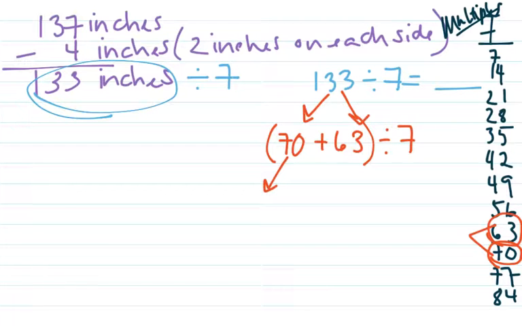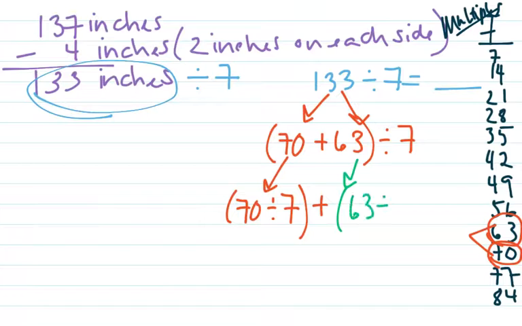So I have 70 and I'm going to divide it by 7, and then I'm going to add that to 63 divided by 7. I know that 70 divided by 7 is 10, or I can use inverse operations. What number times 7 equals 70? And I know that's 10.